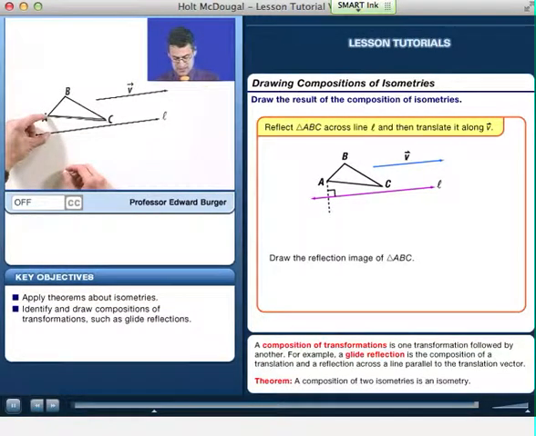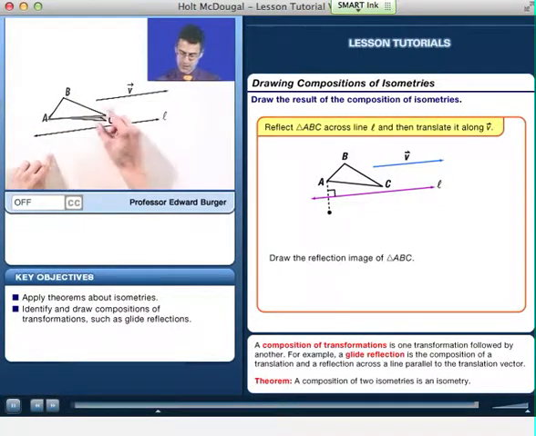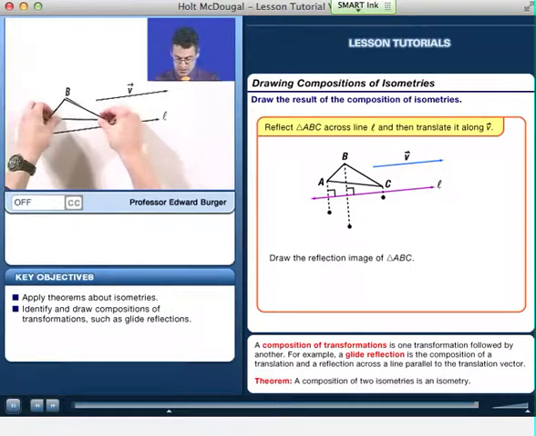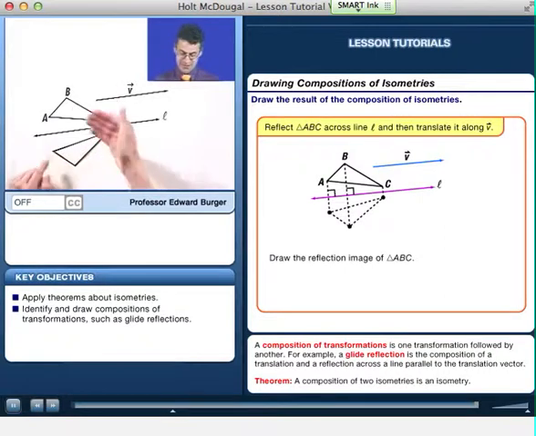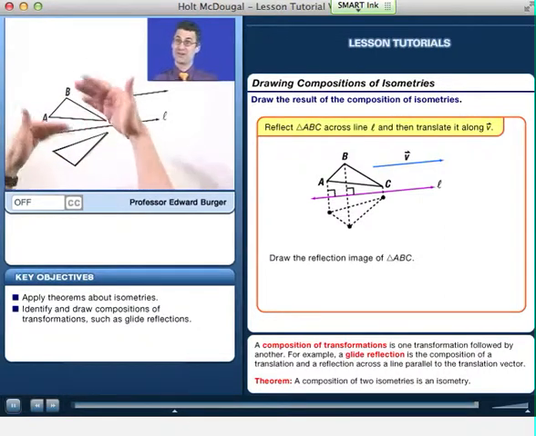And then measure that distance here and go that same distance here, and that tells you the reflection of A. Take the line that's perpendicular to L that passes through C, and take the length from the line to C, and then go down that same amount. That's the image of C, and similarly for B. So when you actually do the mirror image, or the reflection, you get this. Isn't it sort of amazing how it looks like a mirror image? It really looks like you have a mirror there.